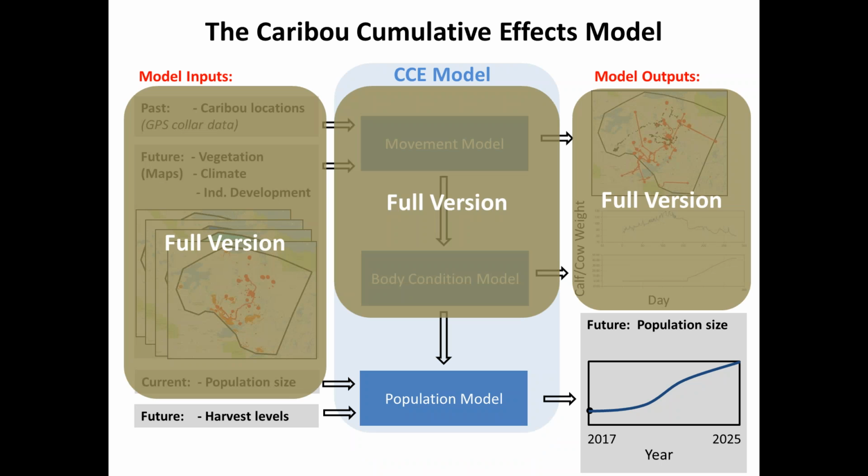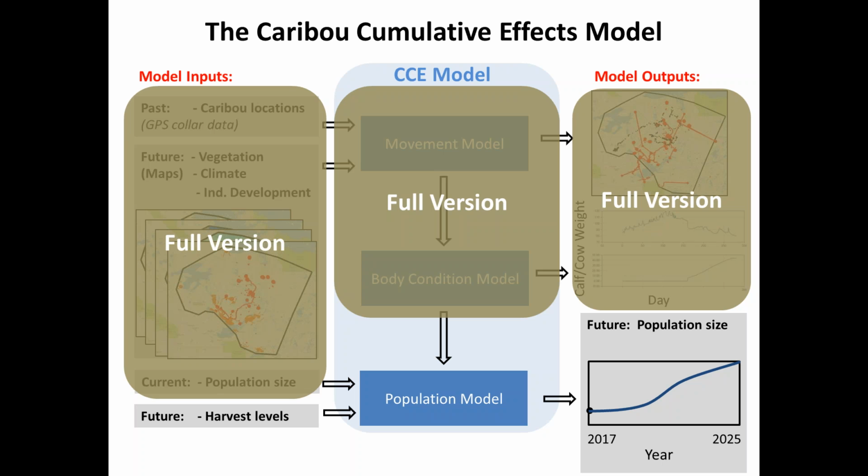So we've developed 2 different versions of software to interact with this model. The first of these is what we call the full version, and it provides access to all of the model inputs and makes projections of a wide range of model outputs.